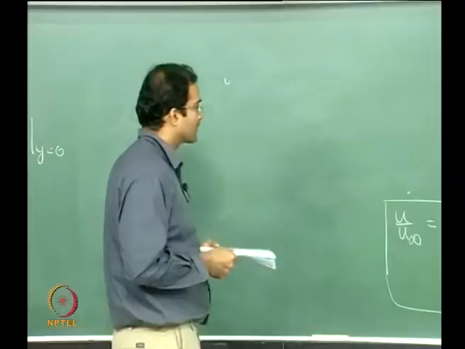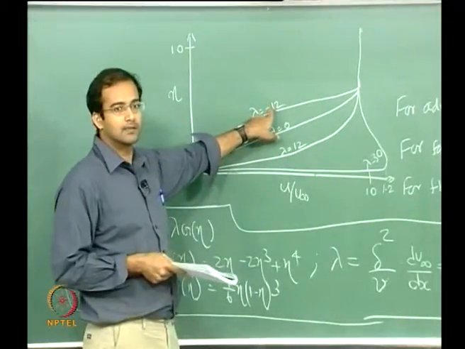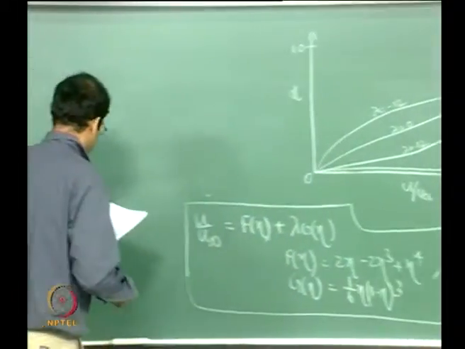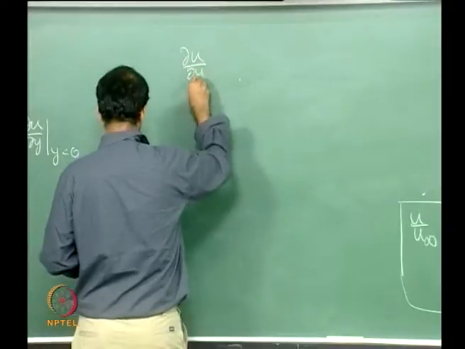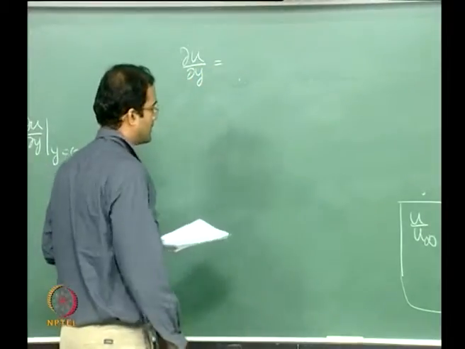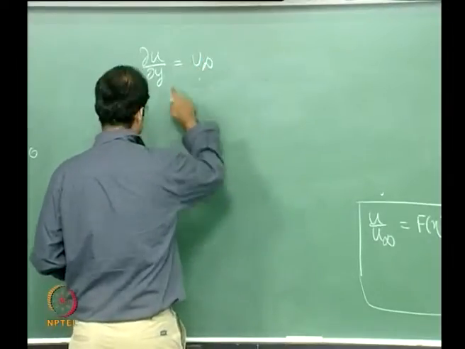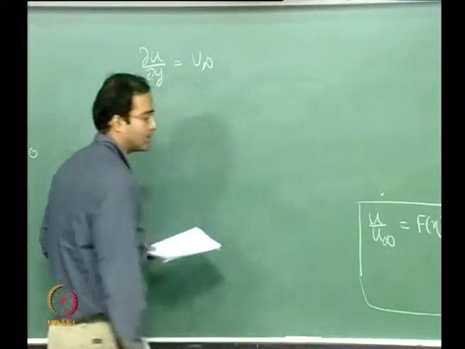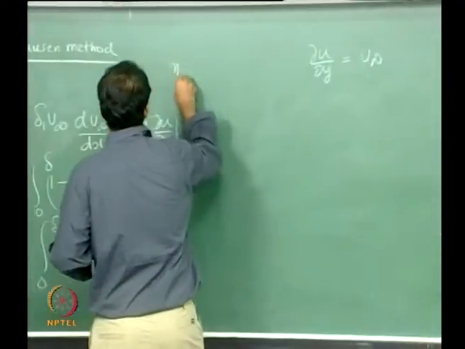So what is the condition of separation? We'll check that now. Okay, so let us check du by dy. From this profile, that will be u infinity into, so I can write this as du by d eta into d eta by dy. Okay, so my eta is nothing but y by delta.